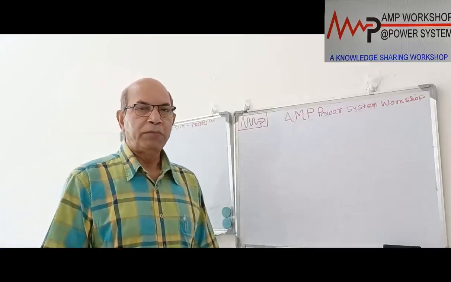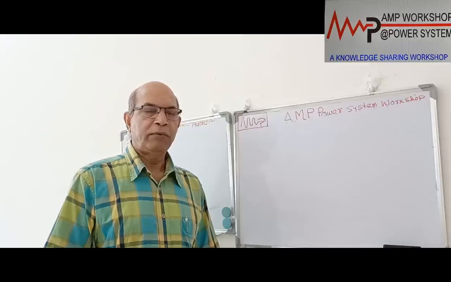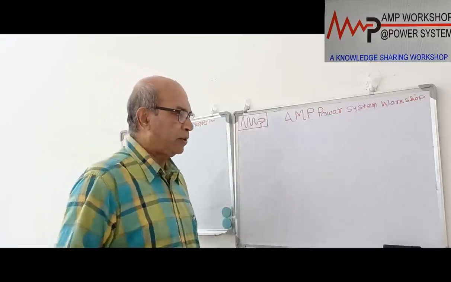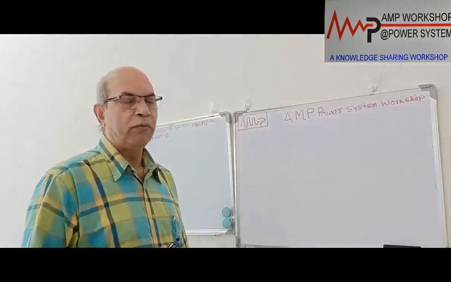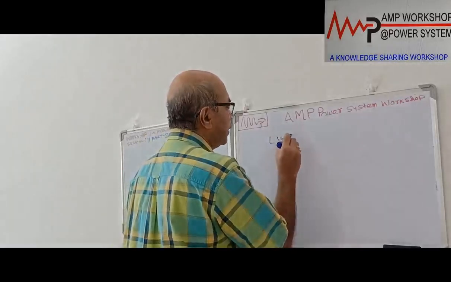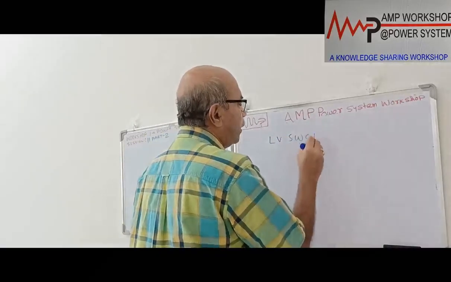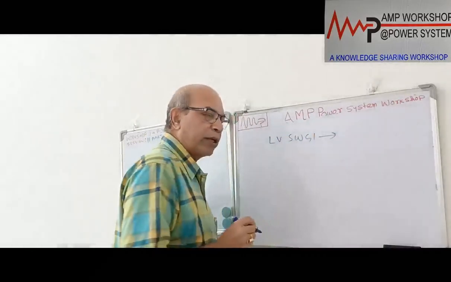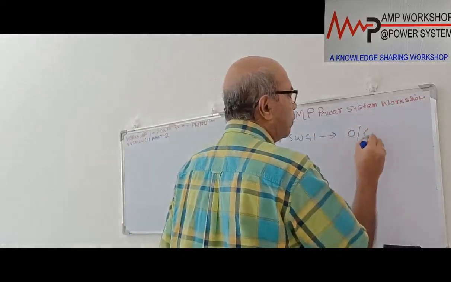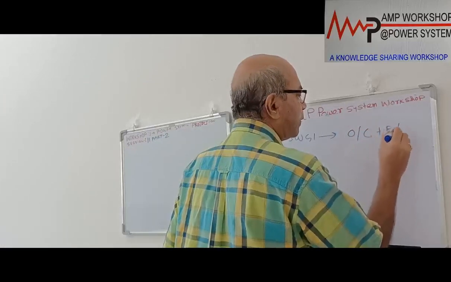Based on the various evaluations, we can categorize. If the busbar system or the switchgear is a low voltage switchgear, that is below 1 kV, normally we protect the busbar system by overcurrent plus earth fault protection.